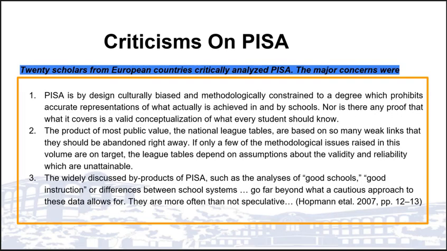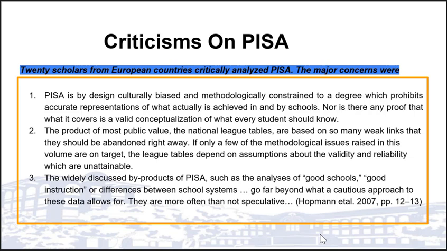Finally, we present here the findings of the critical analysis of 20 scholars from European countries. Their major concerns were: PISA is by design culturally biased and methodologically constrained to a degree which prohibits accurate representations of what actually is achieved in and by schools, nor is there any proof that what it covers is a valid conceptualization of what every student should know.